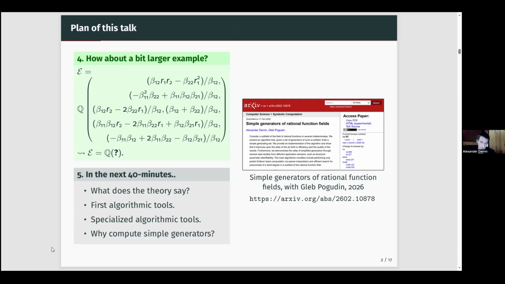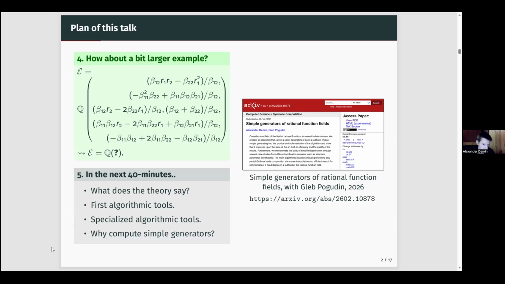In the preprint, we develop an algorithm, an improved version of previous ones, to do this. Later, at the end of the talk, I will show you what we obtain, for example, for this particular example in box number 4.